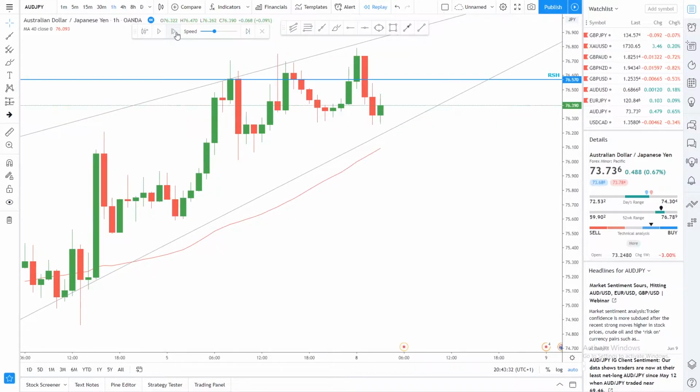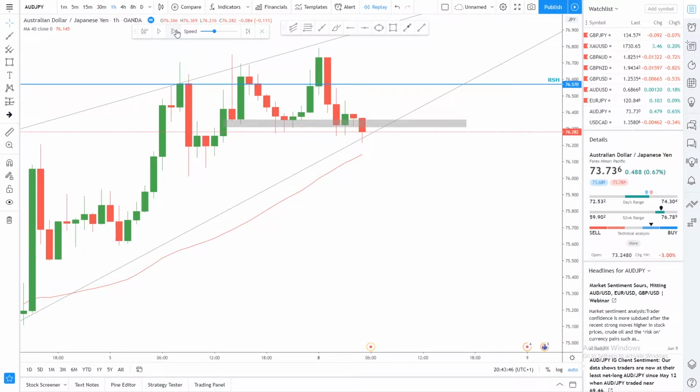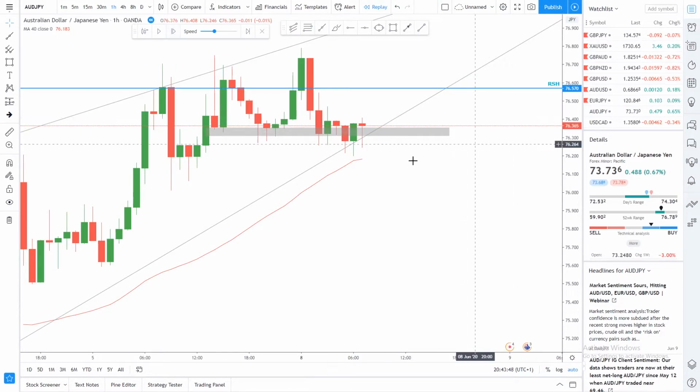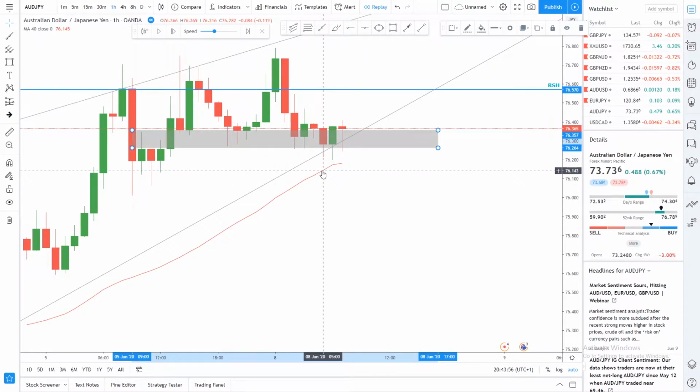So if we just keep on playing, as you can see, we have come to this support area, and price has wicked above it again, also rejecting this area too, and if we keep on playing, as you can see, it's still rejecting that area. In fact, now this area is a bit bigger, using this resistance as well, and we also have the 1 hour 40 MA.